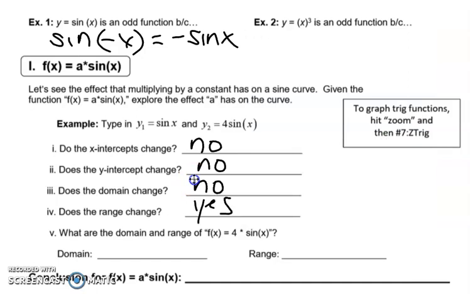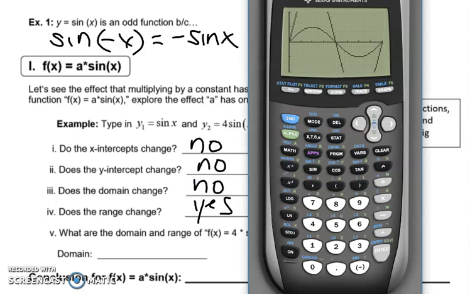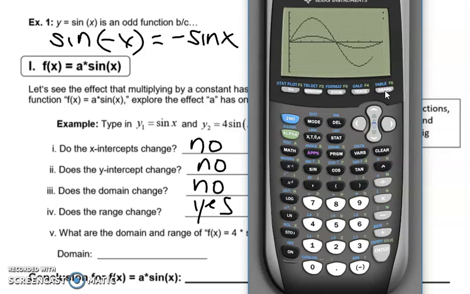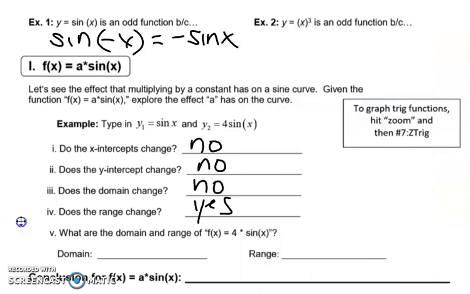So now, if we change our window, let's change the y min and max to negative 5 and 5, and then graph it. We see our original, and there we see 4 sine of x, so what does our range now become? The domain's the same, negative infinity to infinity, but now the range is from negative 4 to 4.